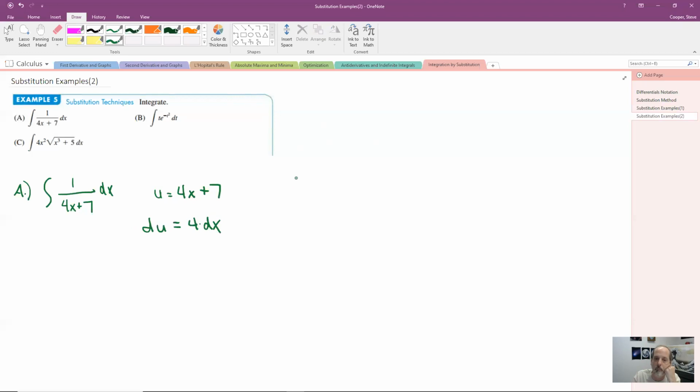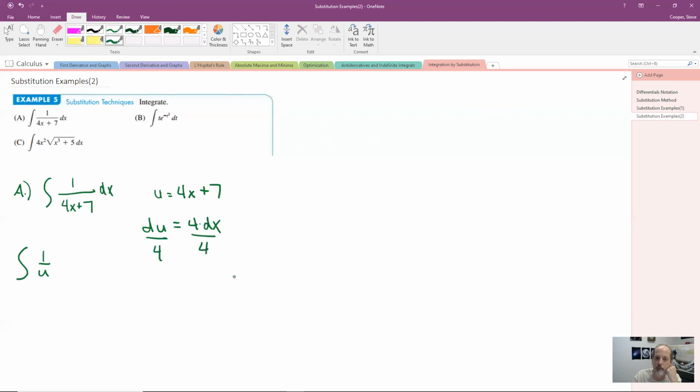So we can write this as the integral of 1 over u. And I don't want dx in there, I need du. But dx needs to be solved for, so I can substitute. We didn't match it up exactly when we took du like we did in the last one, but it's not hard to fix that.